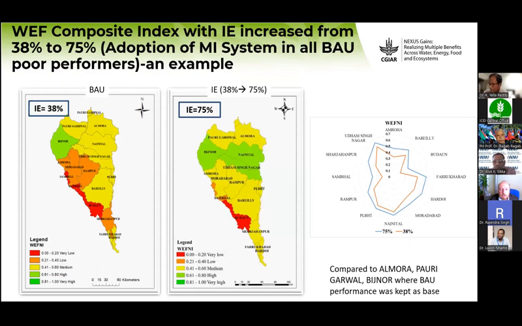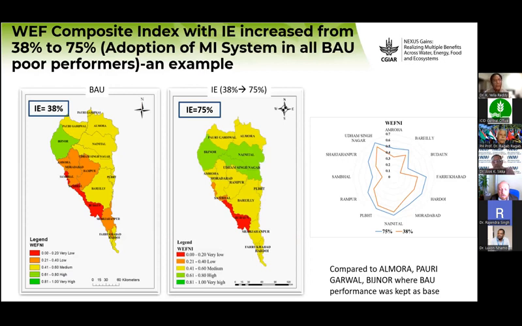Like the way we are looking into these West Nexus indicators and the composite index, if you see on the left-hand side, the business as usual, which has an overall irrigation efficiency of 38%, and how the WEF index looks like.